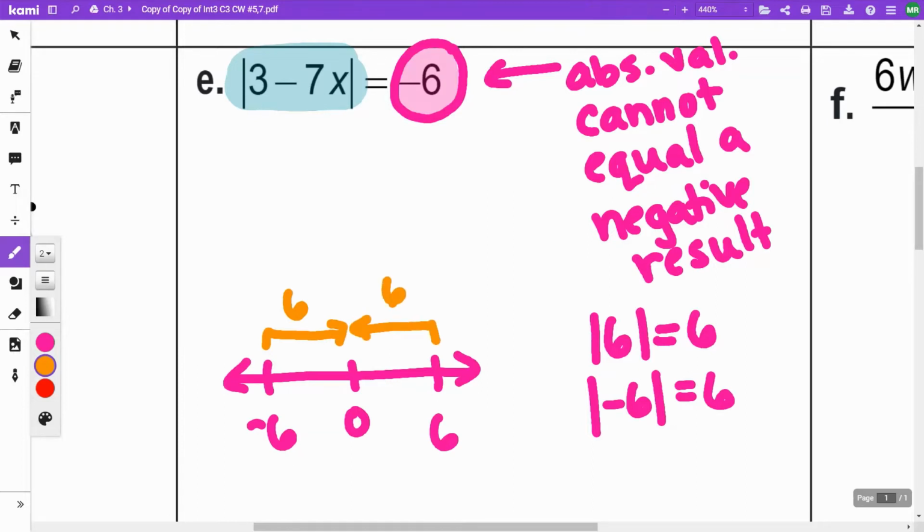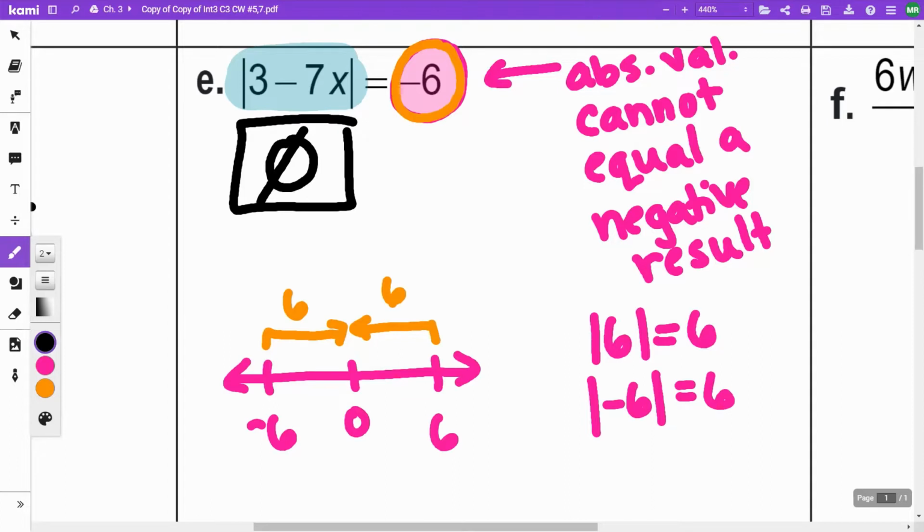I'm 6 away. It's always going to be a positive result. So there's no way to get this negative. So our answer is going to be no solution. Okay. You always want to get your absolute value by itself. If when you get it by itself, you end up getting a negative on the other side, no solution.